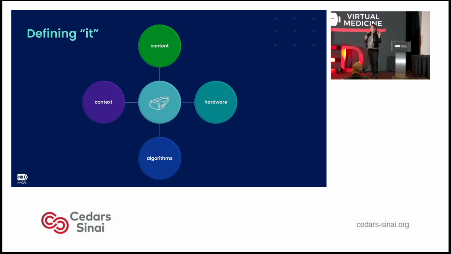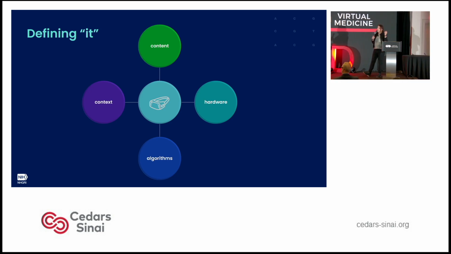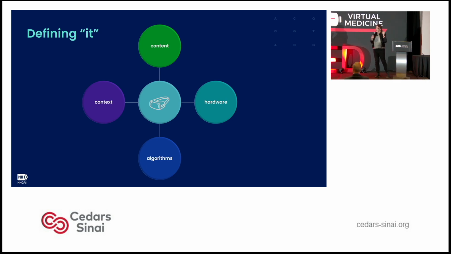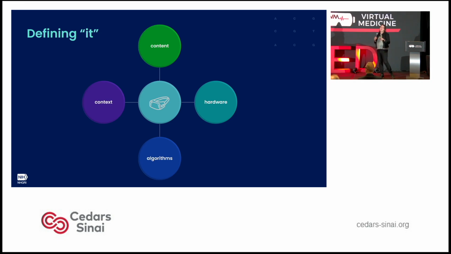So when I talk about it and thinking about whether it works, what I'm really thinking about is this holistic idea of our content. We're going to talk about our hardware, the algorithms that tie all of this together, as well as some aspects of the context that might be really important when we're giving this, say, to patients. And then, of course, in the middle, we've got these synergistic effects that all of these things can bring together.